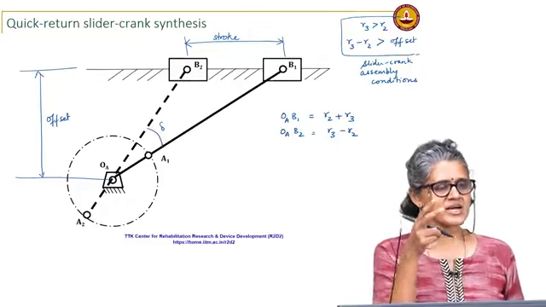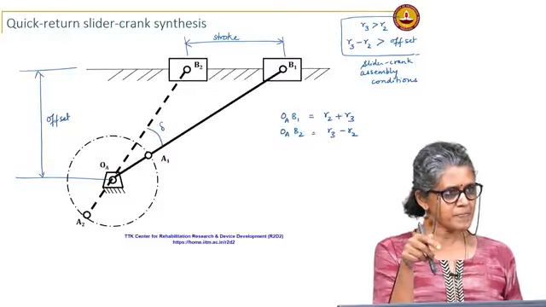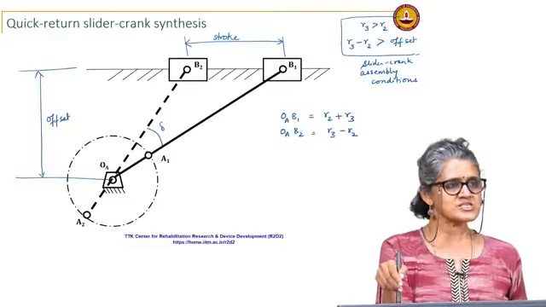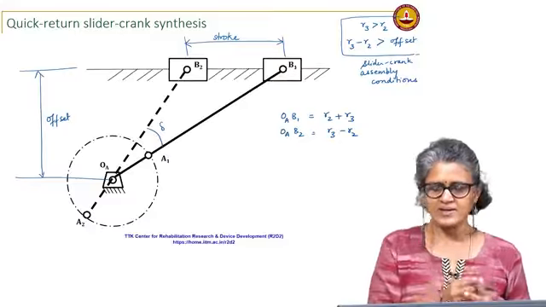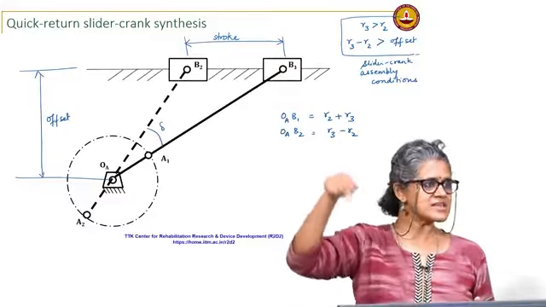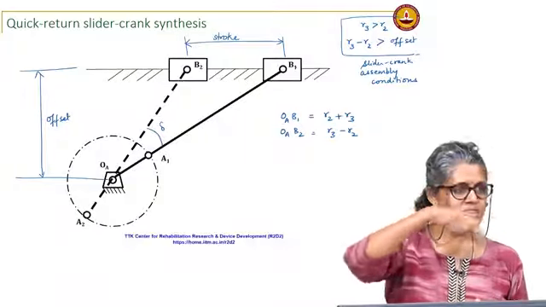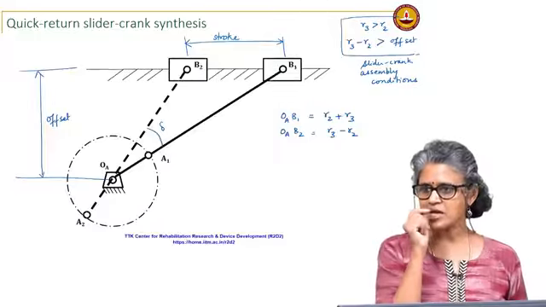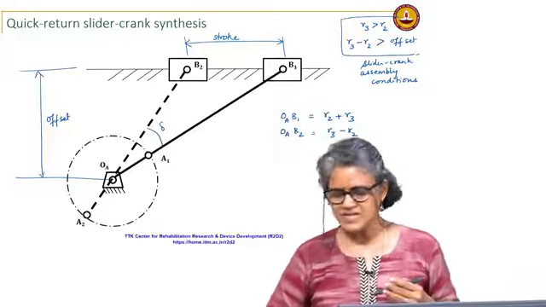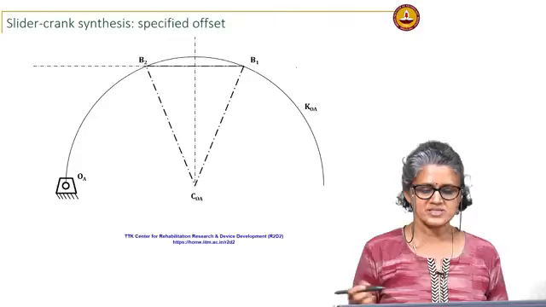So, if I construct the circle for which this chord makes an angle 2 delta at the center, then I get this infinity of choices on the circumference of the circle to find my offset. That is essentially what this construction does.